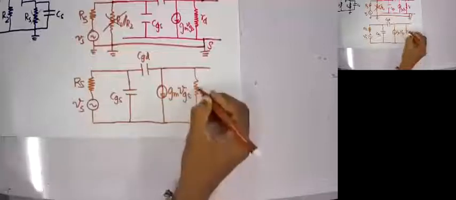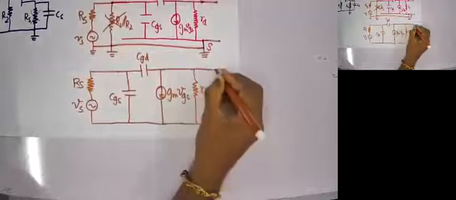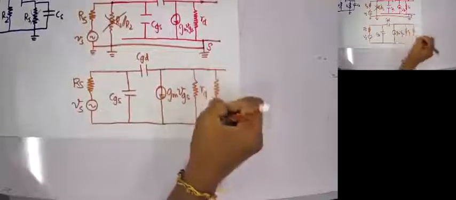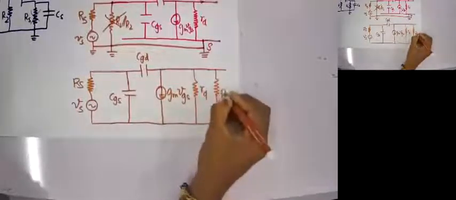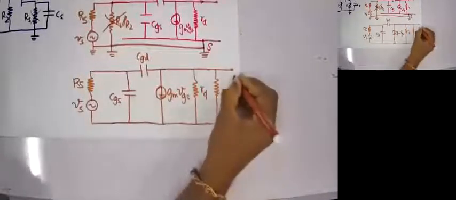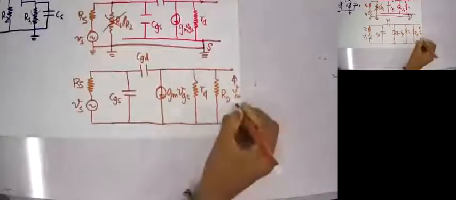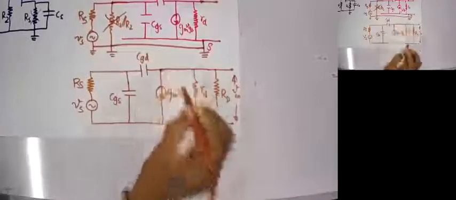Here I have this small rd, and then another parallel RD, and this will be my V out. Vs and V out, of course.